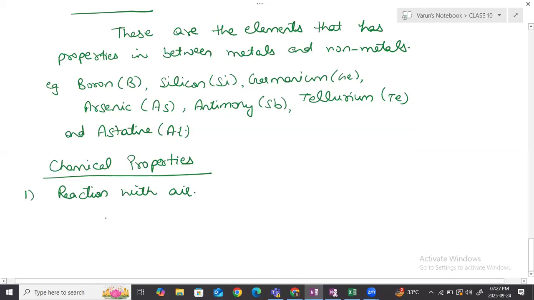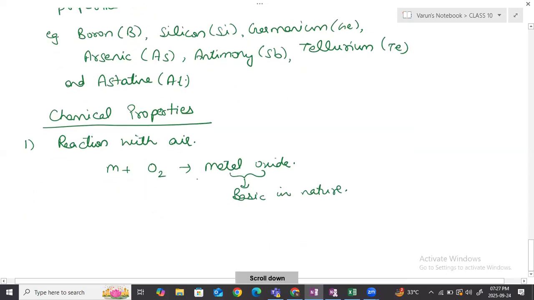So when metals react with oxygen, it forms metal oxide basically. And those metal oxides are basic in nature. We have discussed in acids, bases, and salts that the oxides of metals are basic in nature.